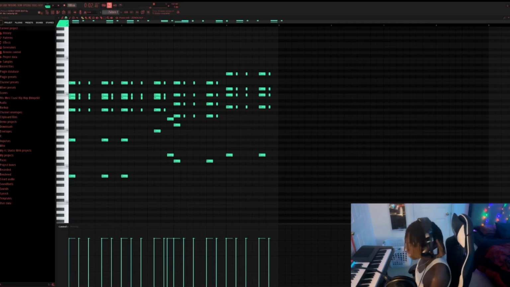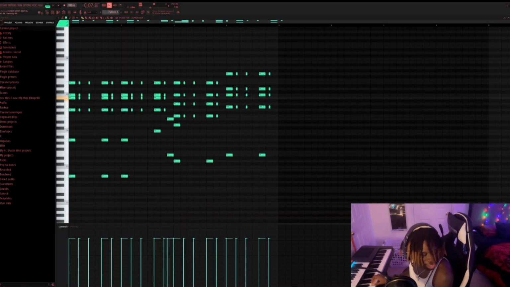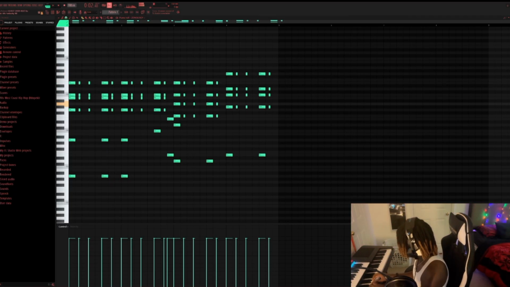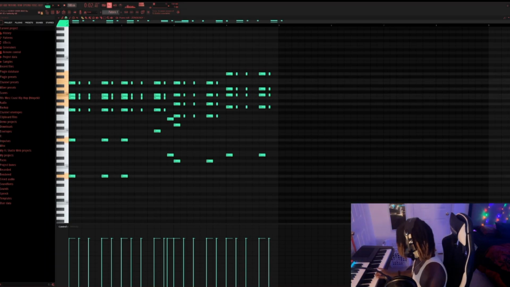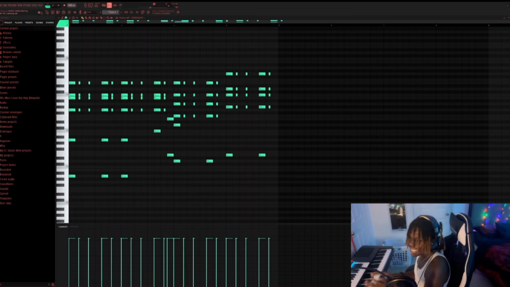So it's a very good example because you got A, B, C, D, E, F, G, A again, right? All these notes, that's your A minor scale. That's your whole scale. The entire chord is built off of all those notes I just played.